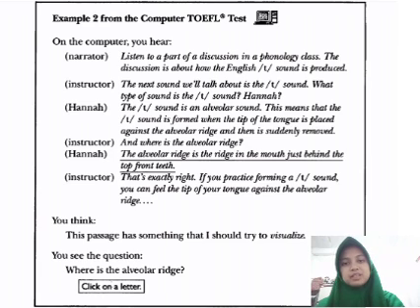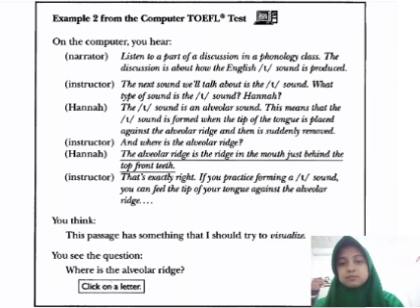Then the first speaker, the instructor, says, the next sound we'll talk about is the T sound. What type of sound is the T sound, Hannah? Then Hannah answers, the T sound is an alveolar sound. This means that the T sound is formed when the tip of the tongue is placed against the alveolar ridge and then is suddenly removed.